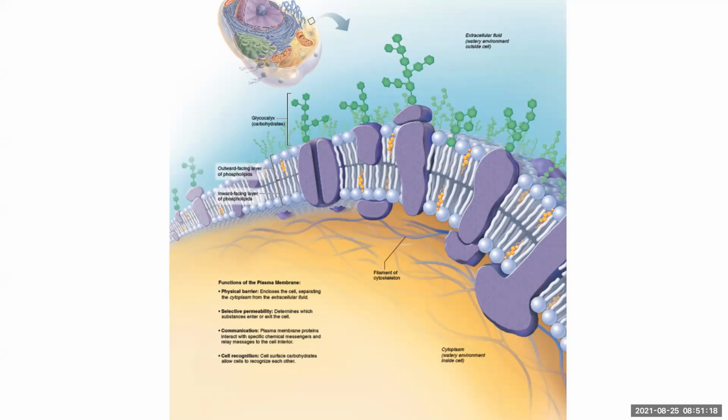Phagocytosis is where the cell is eating, consuming something. Pinocytosis is where the cell is drinking, taking up little amounts of lipid or little amounts of water.